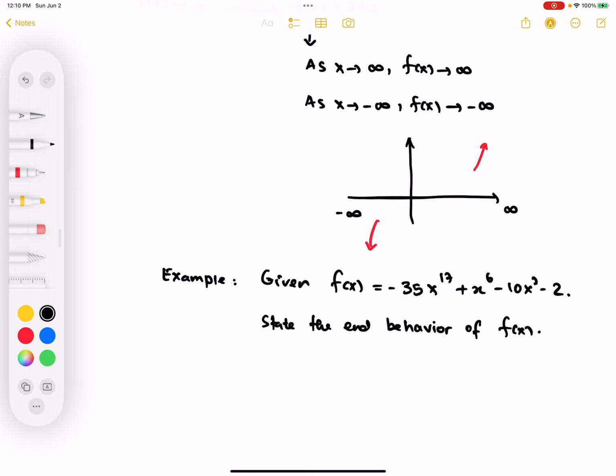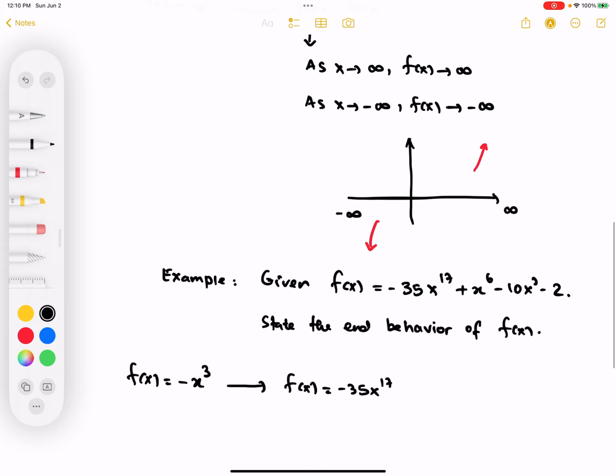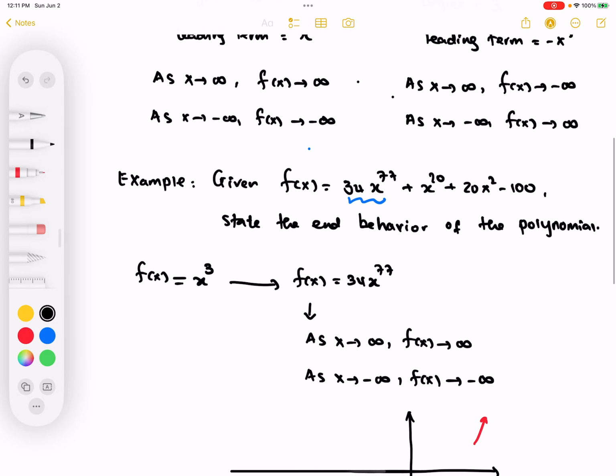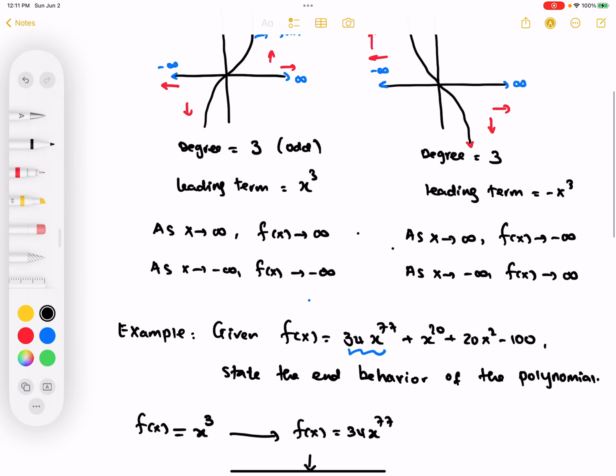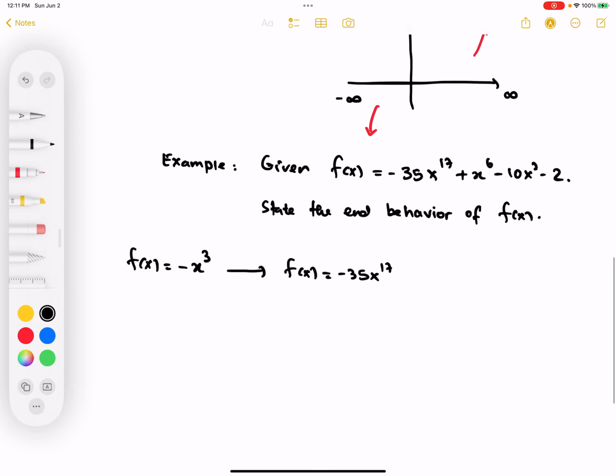Now what you should do is compare this one with f of x equals minus x cubed, compared with the leading term of negative 35 x to the 17. So they have the same property, right? Now you can draw the graph, look at that one, and see what the behavior is.